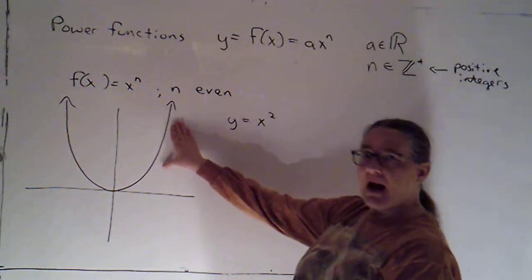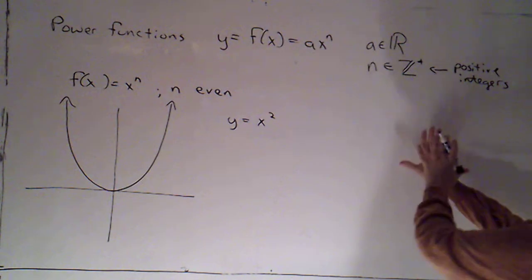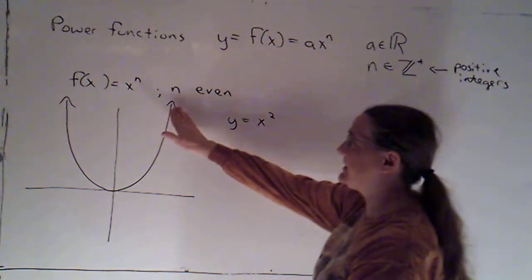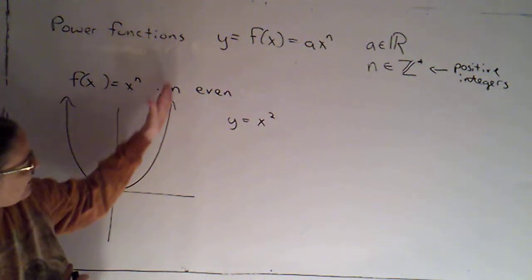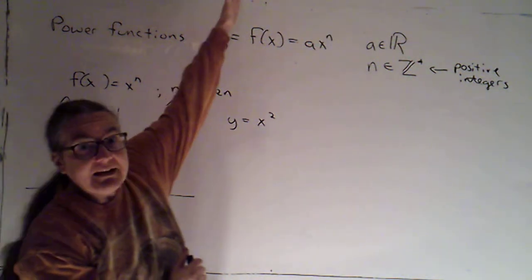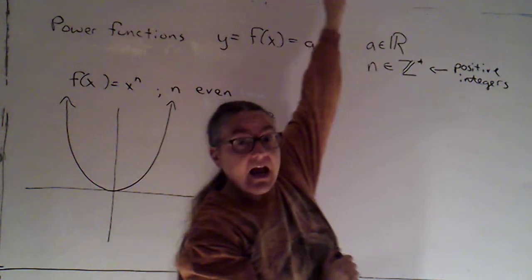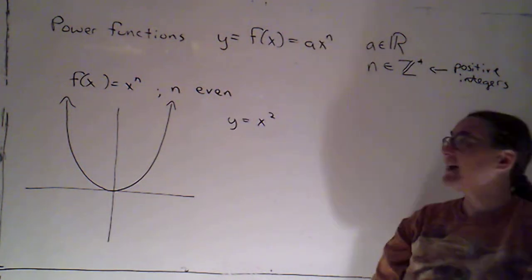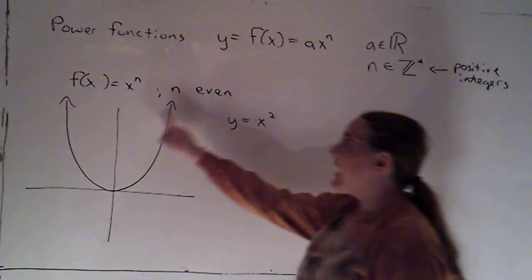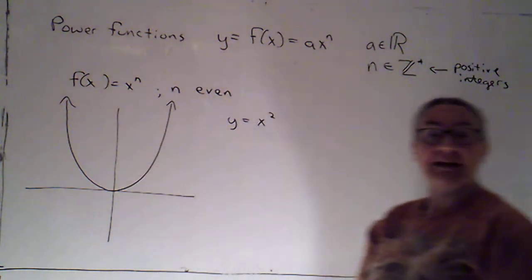And looking at the graph, it's hard to realize that it's going to be over here at some point because it looks like it's getting so steep. But this arrow says it's going to keep going up and to the right, and it's going to be really, really high up by the time it's moved over this far to the right. That arrow is going up and right, and that arrow is going up and left.